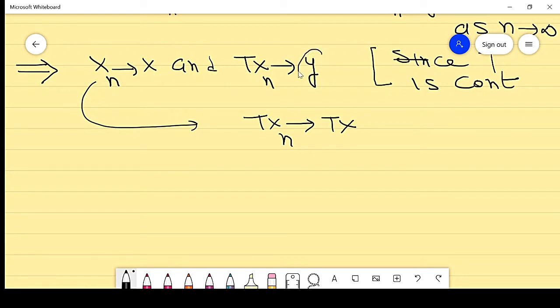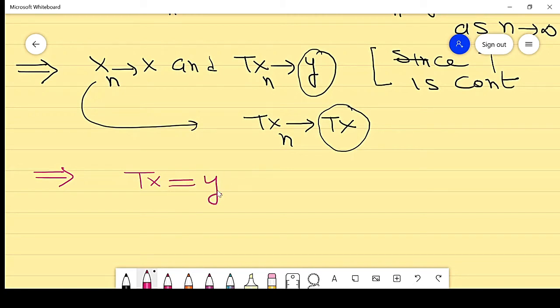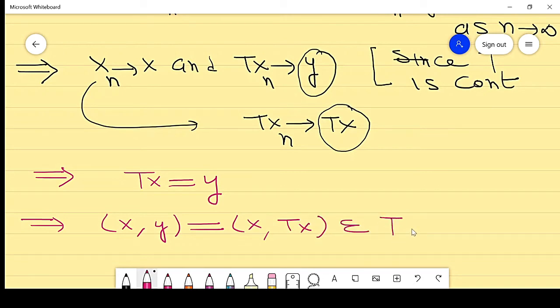By using the concept that if a sequence converges, then its limit is unique, Tx can be written as y. If Tx is y, then (x, y), which is of the form (x, Tx), belongs to TG. So that is my aim.